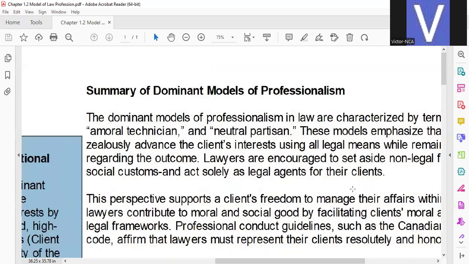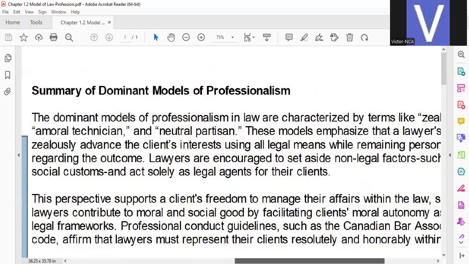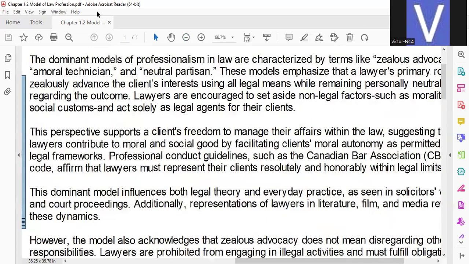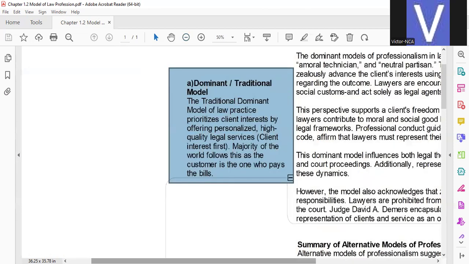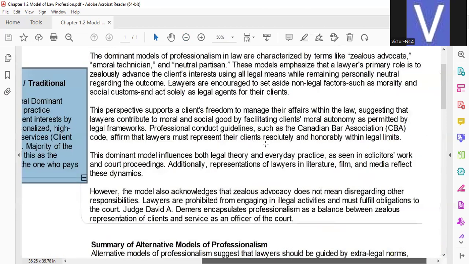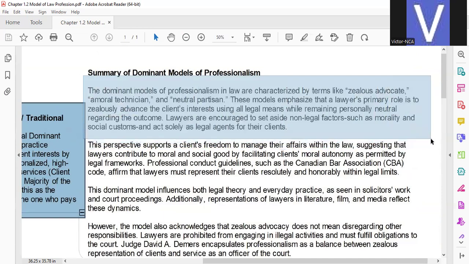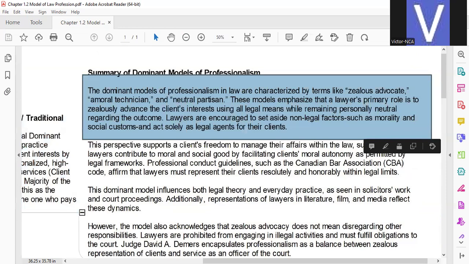Further talking about the dominant model. The dominant model of professionalism is often characterized by terms like zealous advocate, amoral technician, and neutral partisan.